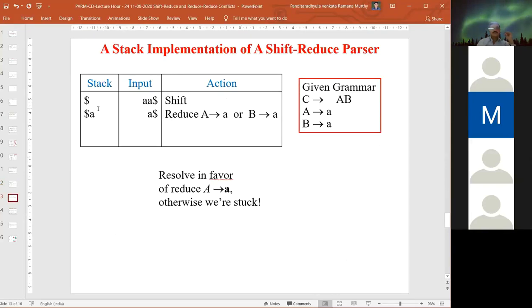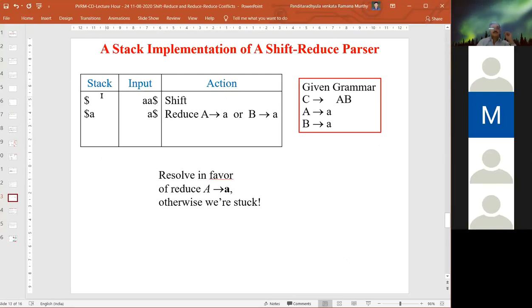Say, for example, once again, to re-identify what actions we perform: the stack and the input contain some symbols. If the parser table contains the shift action, we shift onto the stack.